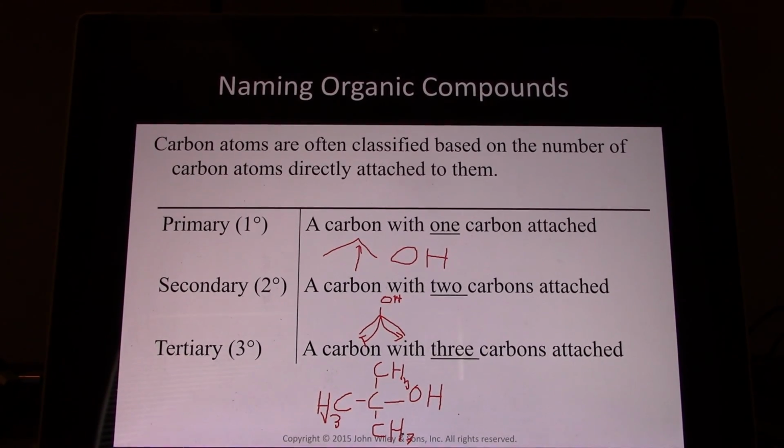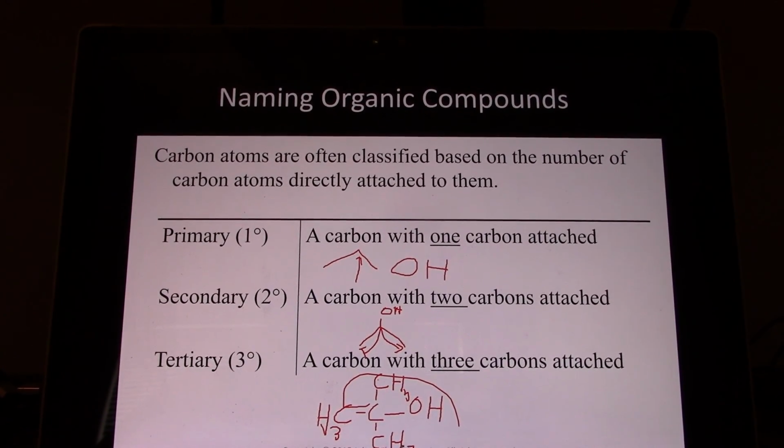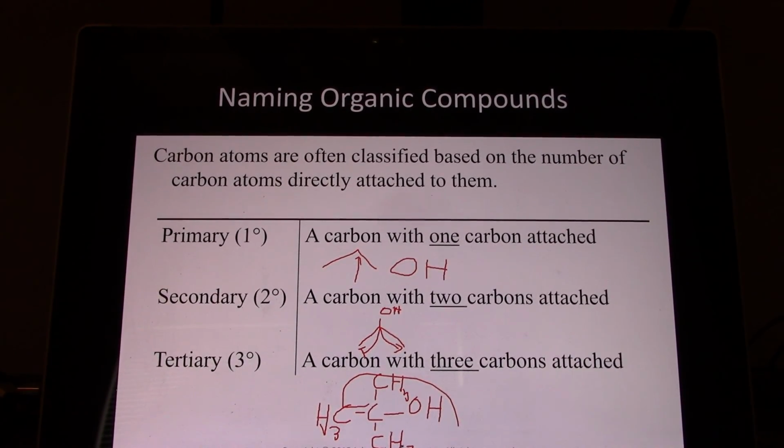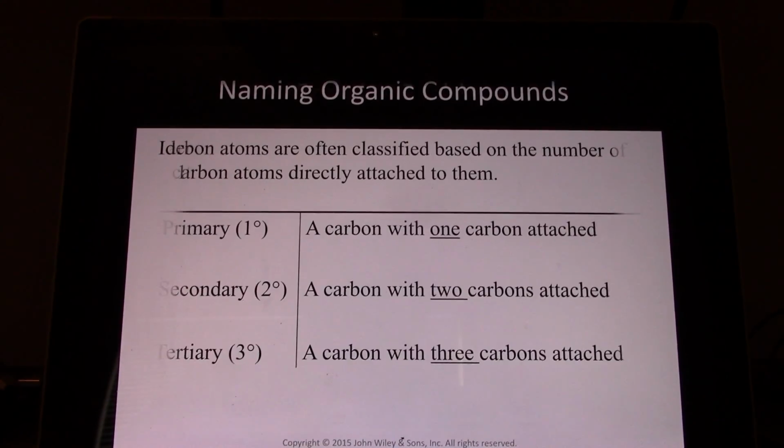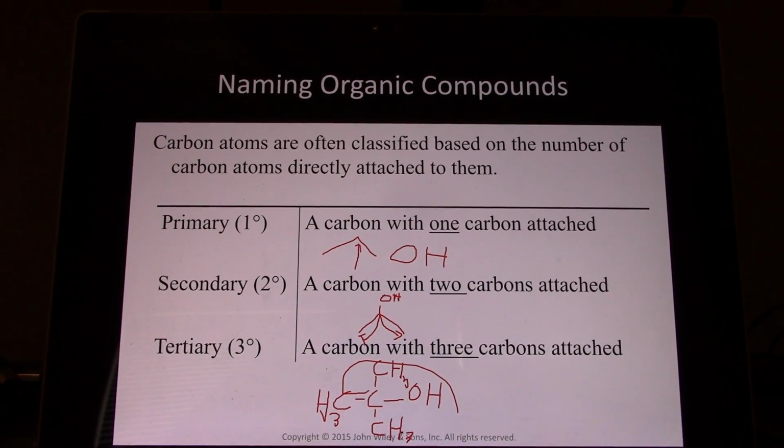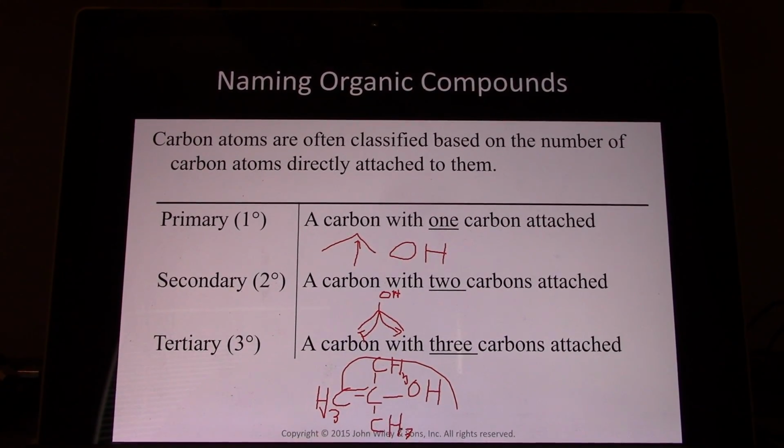So that is a tertiary carbon, because that carbon is attached to 1, 2, 3 other carbons. And it's not covered there, but a quaternary carbon would be attached to 4 other carbons. So if all 4 bonds were to other carbons, it's a quaternary carbon.